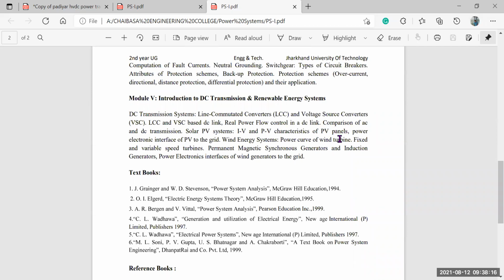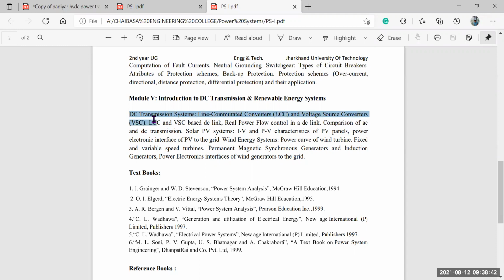Why is the source converter giving a log? Comparison of DC lines. Okay, solar PV system is done, wind is done, you will study. Power curve of wind turbine, fixed and variable speed turbines. Okay, so this is only for the next class; you don't have facts, so it is good, we will not go into facts. Instead of this we'll have this.